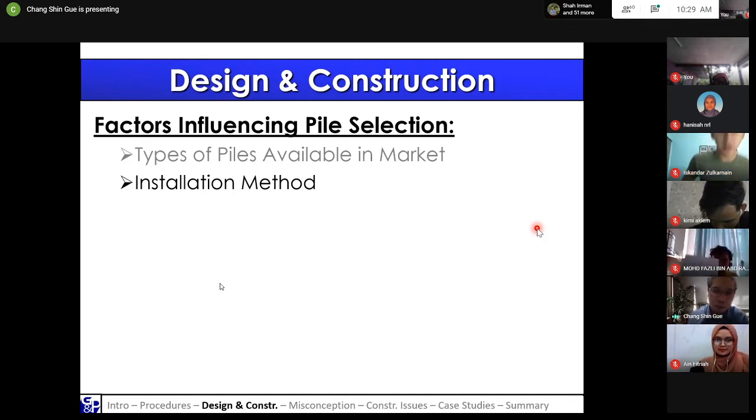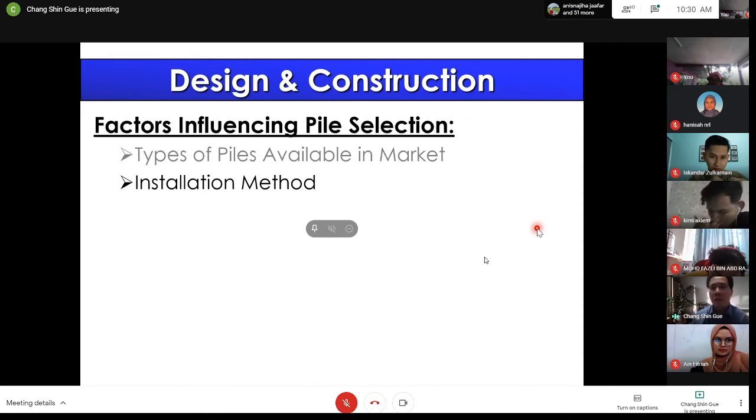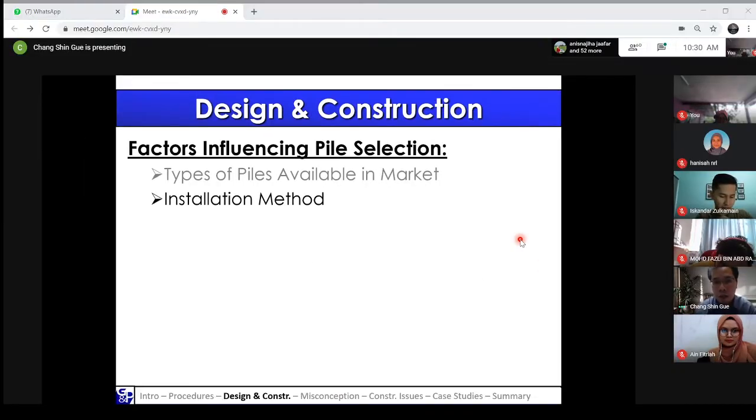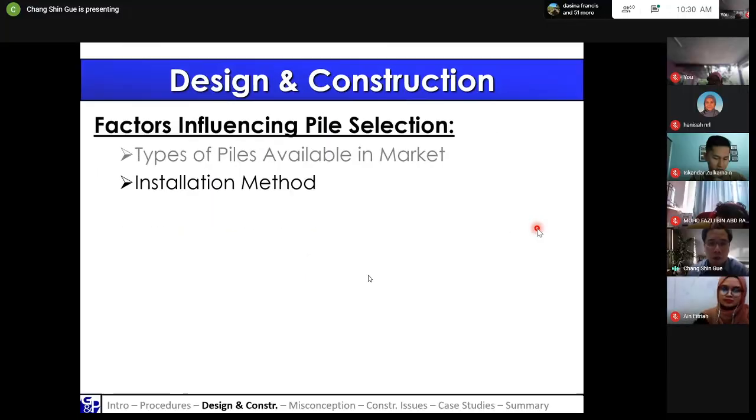If you want to specify those kinds of methods, you can, but you will then increase the cost of the project because it limits the number of people who can do it. They probably have to import it from overseas, which will increase your cost. So for engineers, we always have to be alert in terms of cost as well. You need to design your elements, or the engineering aspects of the design, to be economical.